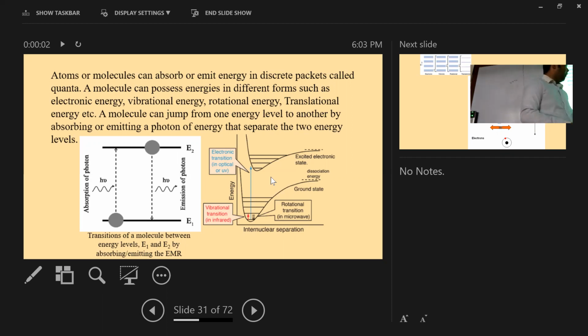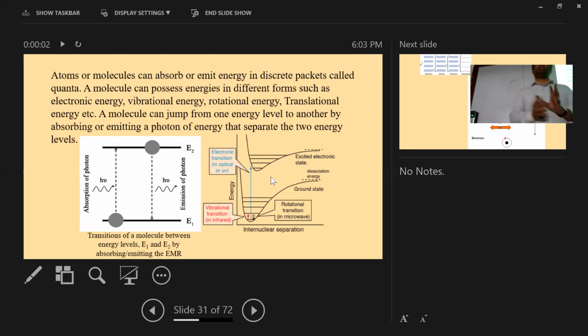So if you give some energy to this molecule, this is the ground electronic energy level. These are the main energy levels, and these are the vibrational levels. This line is the ground level, and these are excited energy states.